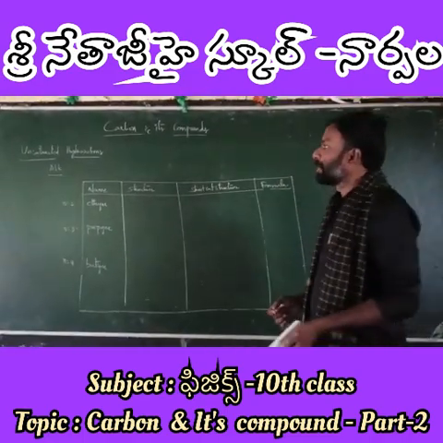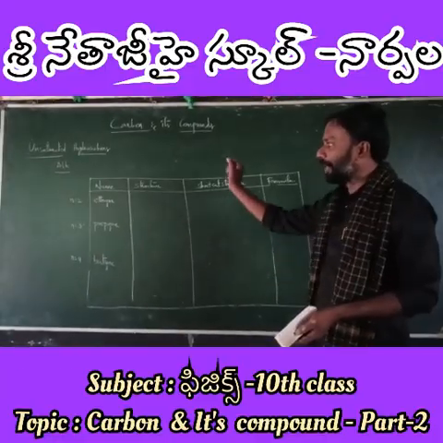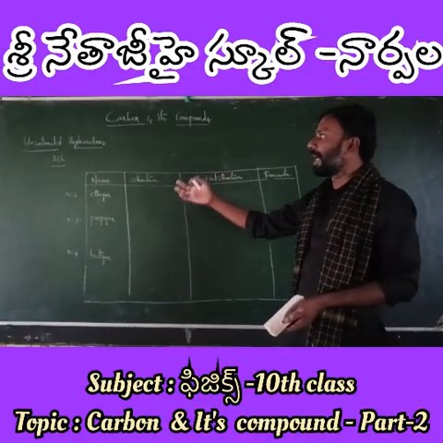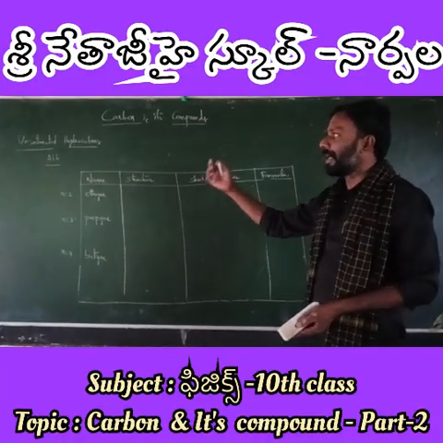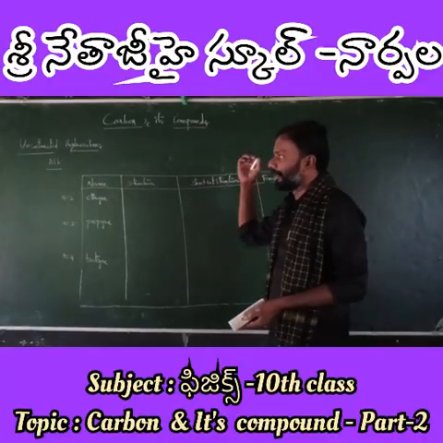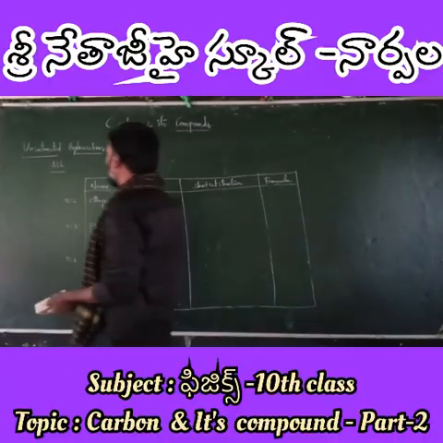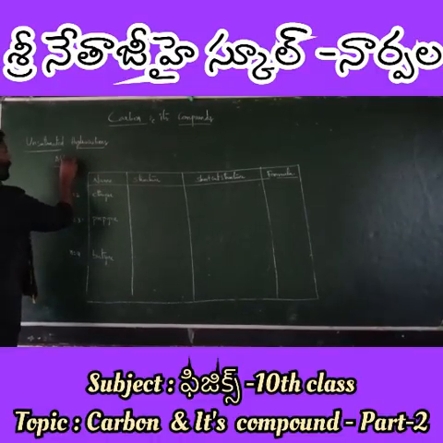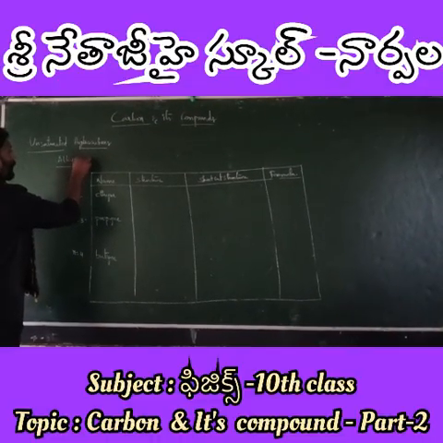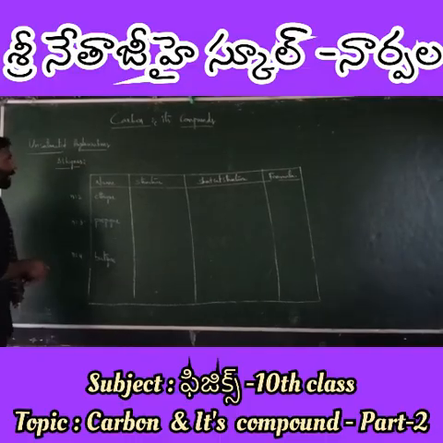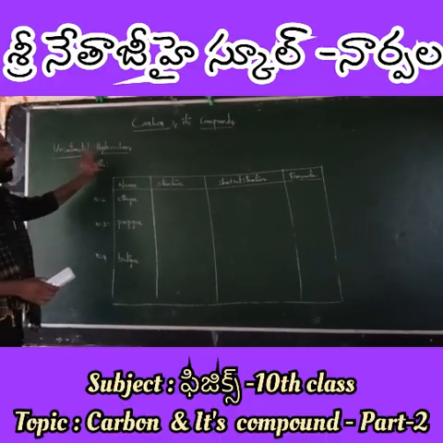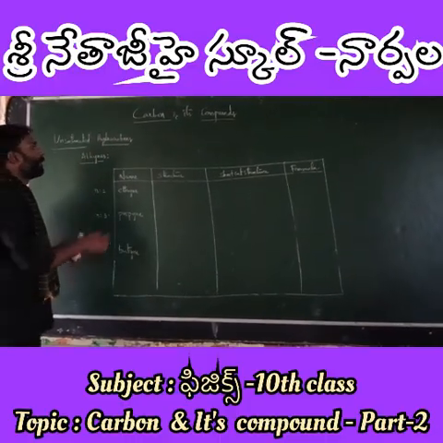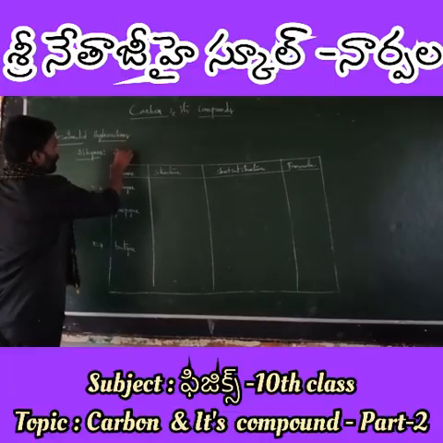Right guys, we have seen so far the names of saturated hydrocarbons, that is alkanes, and also unsaturated hydrocarbons, alkenes. Now we are going to learn more about alkynes. So what are alkynes? Alkynes are unsaturated hydrocarbons with a triple bond between carbon atoms. Very simple.